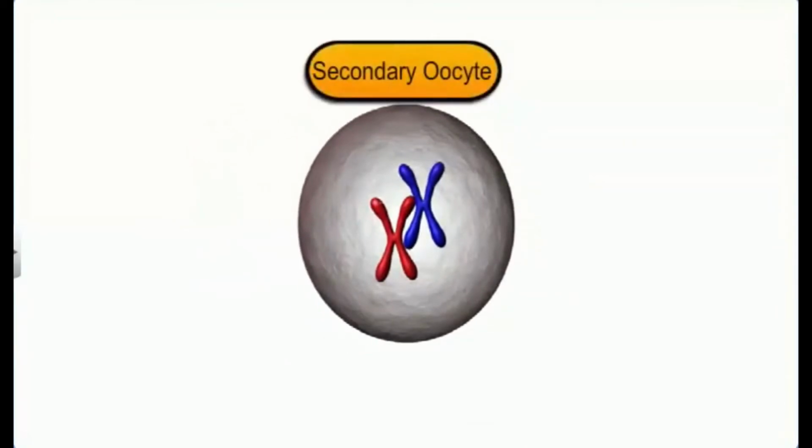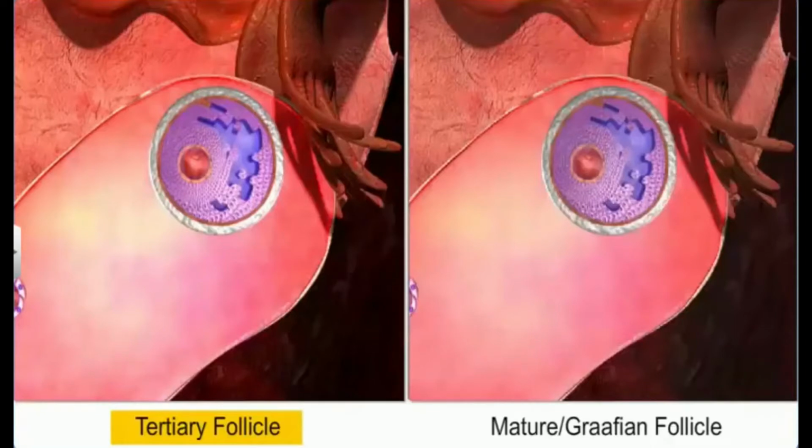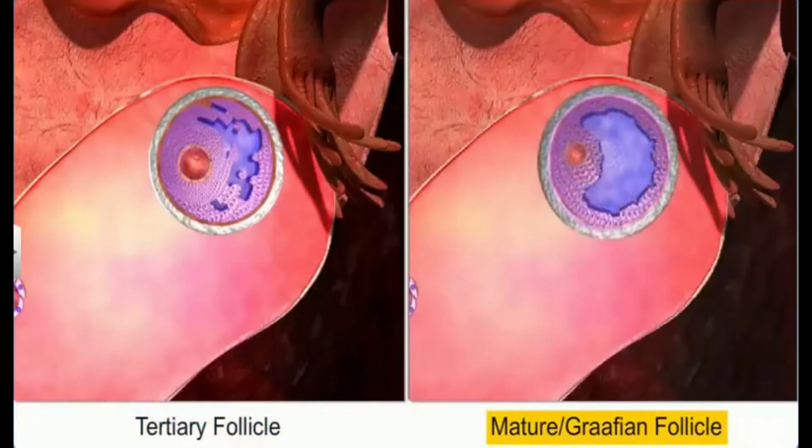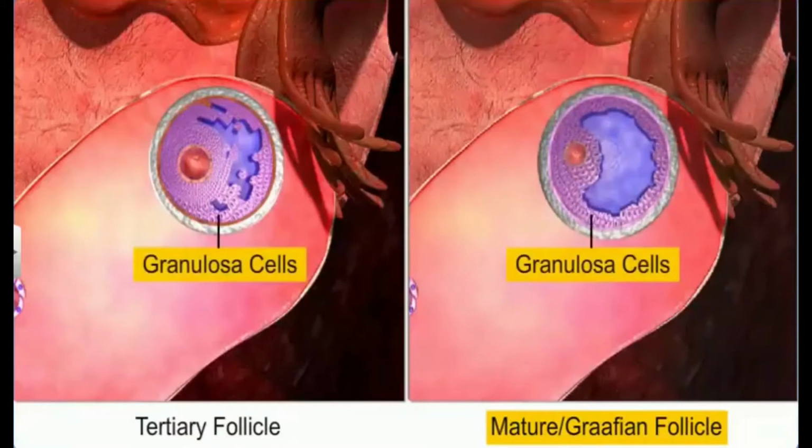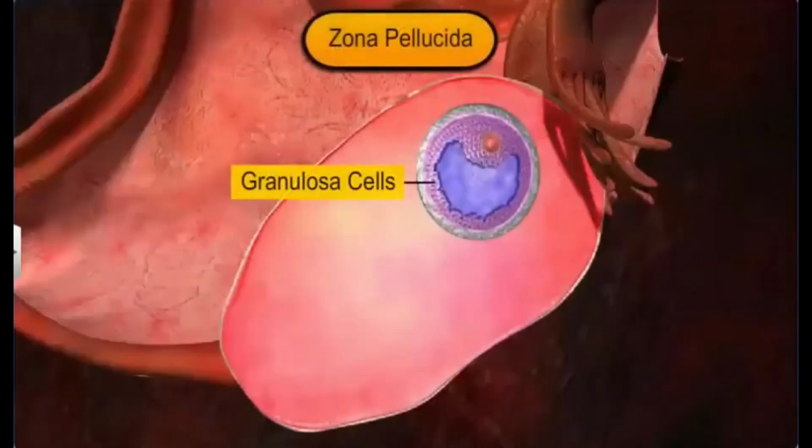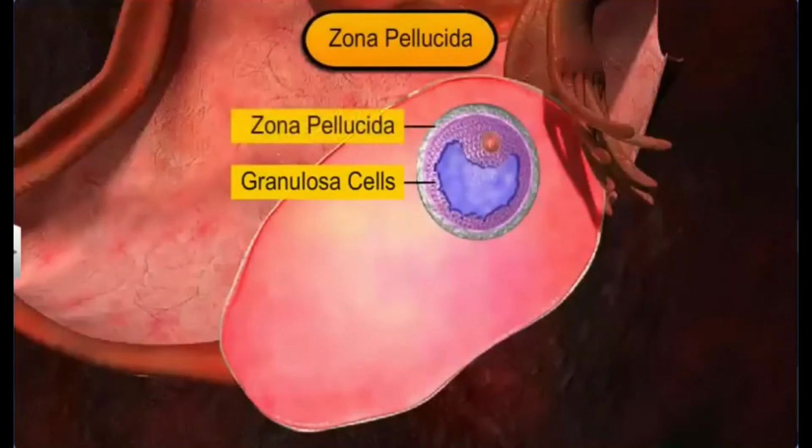As the tertiary follicle develops into a mature follicle, or Graafian follicle, the antrum grows and the secondary oocyte and the surrounding granulosa cells are pushed towards one end of the follicle. The granulosa cells secrete a glycoprotein substance that forms a membrane, the zona pellucida, around the secondary oocyte.